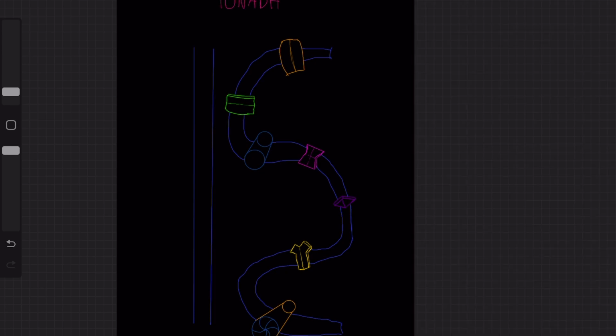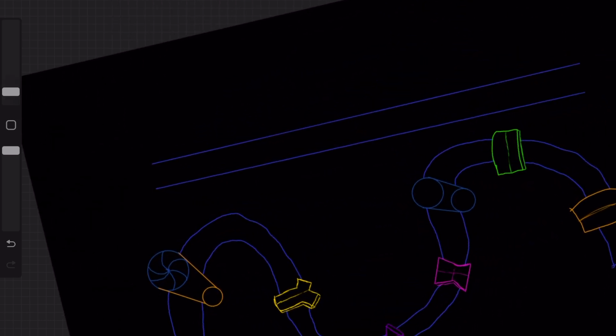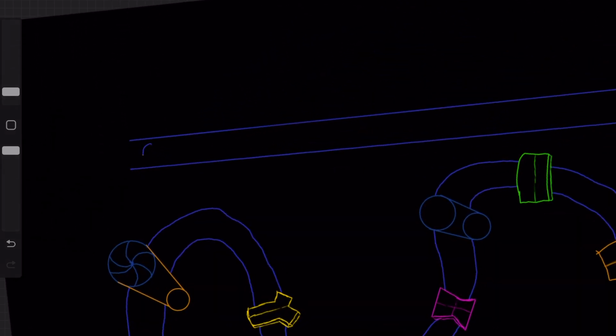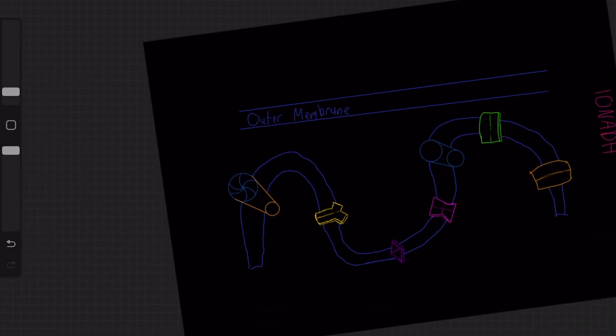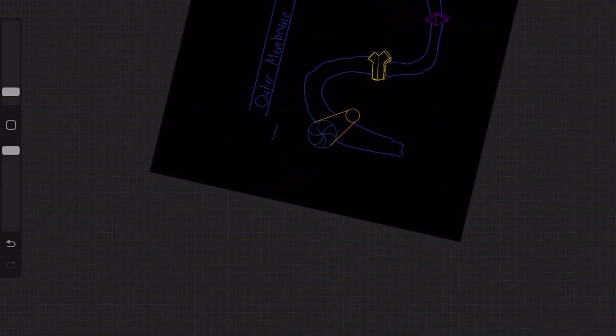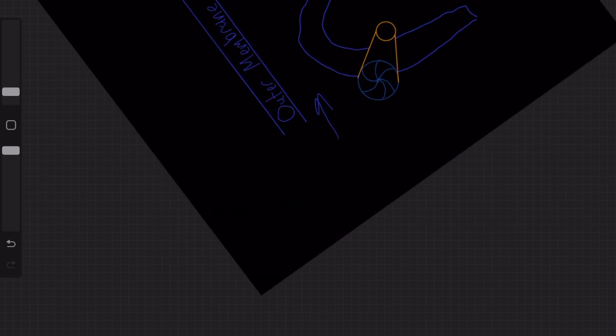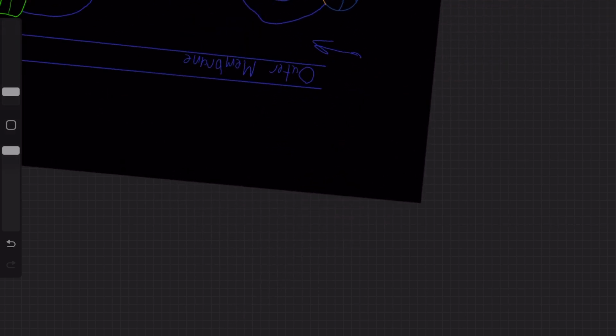So let's talk about the mitochondria. This is, again, I talked about, this is our outer membrane. This right here is our inner membrane space, and I'll write it over here.